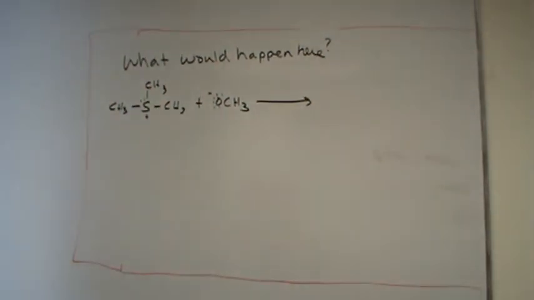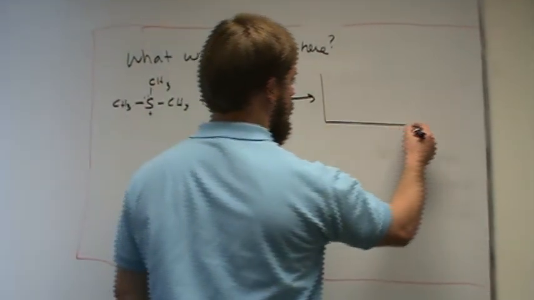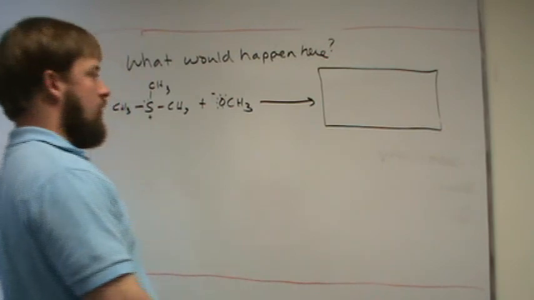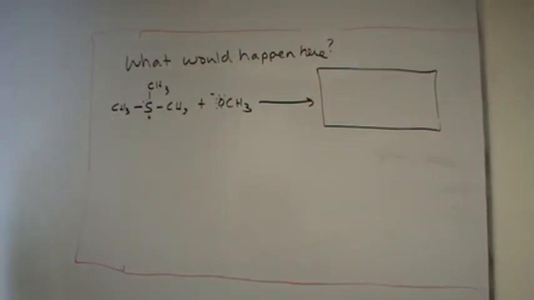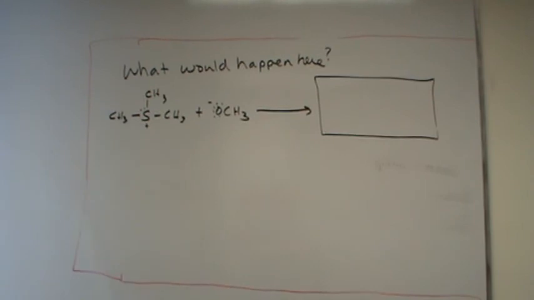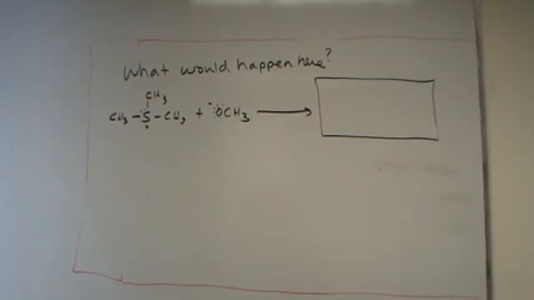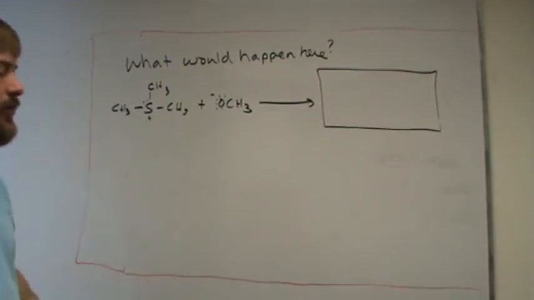What would be my major product there? My major substitution product here. So now my sulfur-containing species is an electrophile instead of a nucleophile. Methoxide is my nucleophile. So the nucleophile is going to attack the electrophile. Be careful here. It looks like you would expect the nucleophile to directly attack the sulfur, form an oxygen-sulfur bond. That's not what's going to happen here, though.